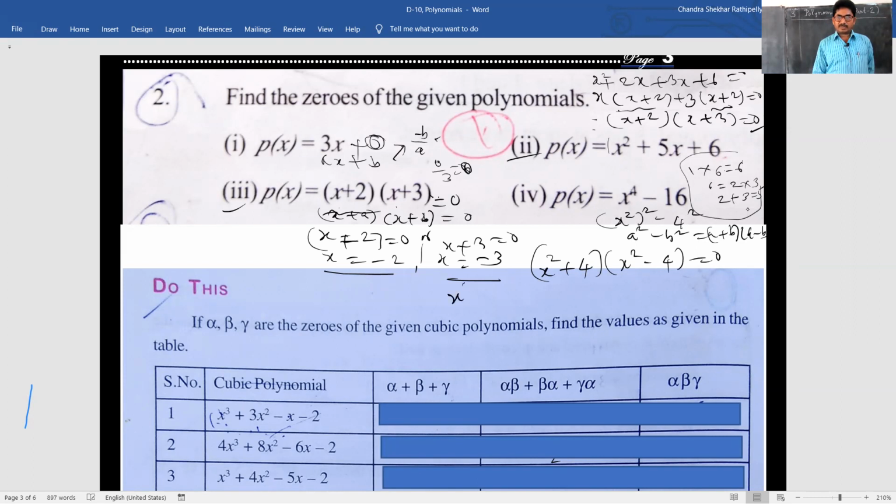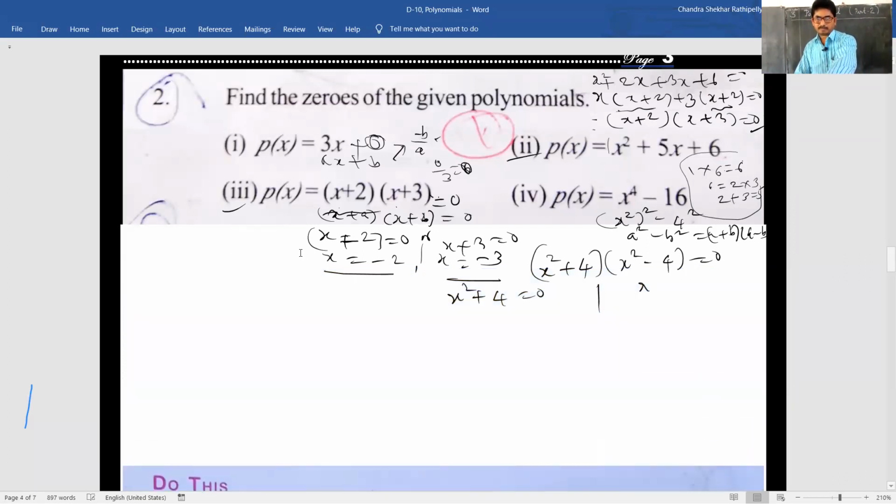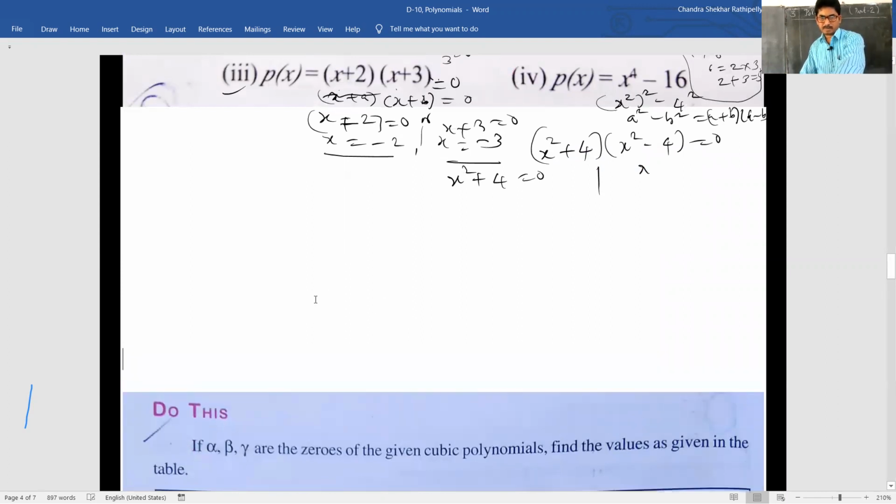This is equal to 0. x square plus 4 is equal to 0, and x square minus 4 is equal to 0. Okay, we can do clearly, right?